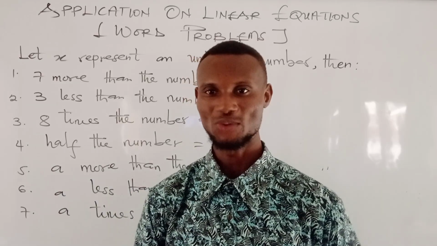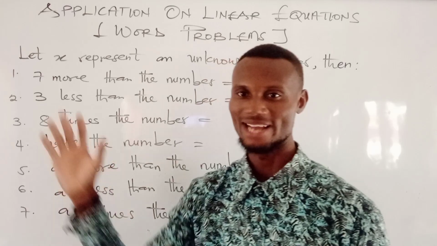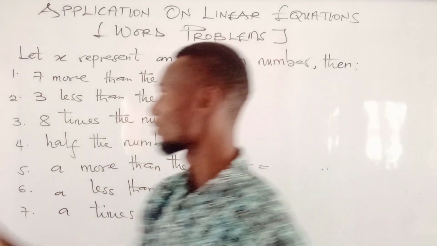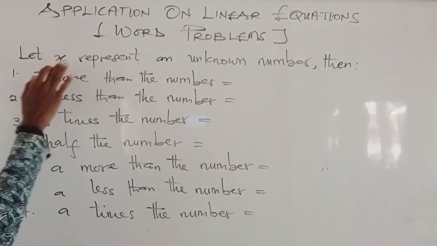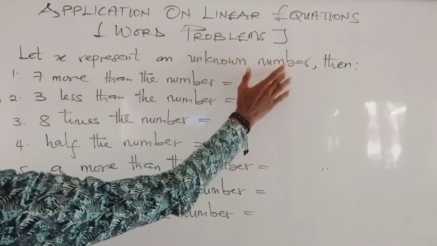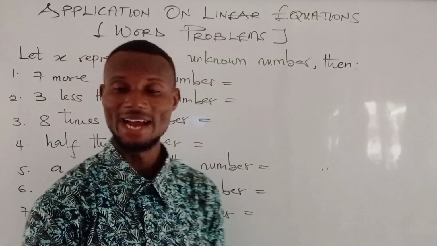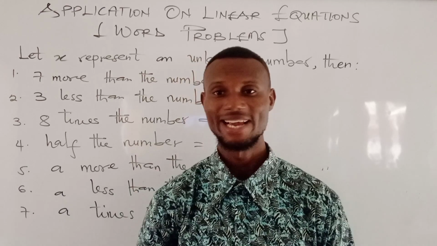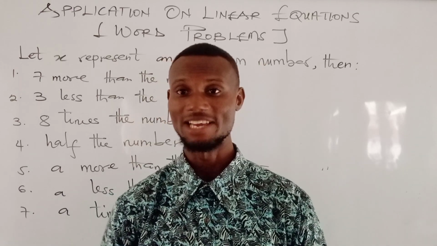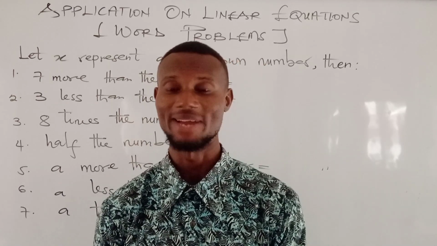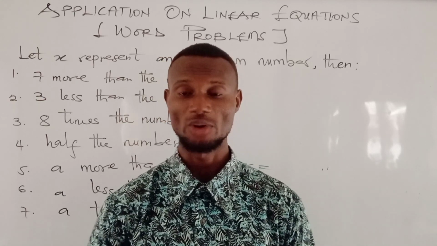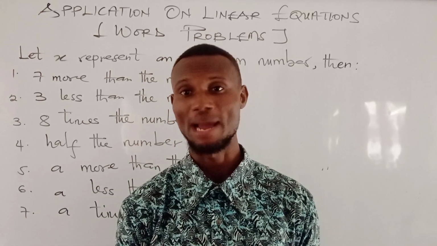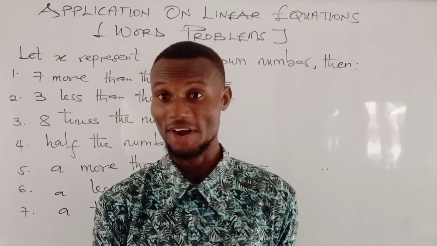So let's go ahead and take a look at the things that I've written on the board and explain them to you. I have that let S represent an unknown number. Under the applications on linear equations, anytime you have a given word problem, and you are looking for a particular value or number that you don't know, you represent that number or value by a variable.